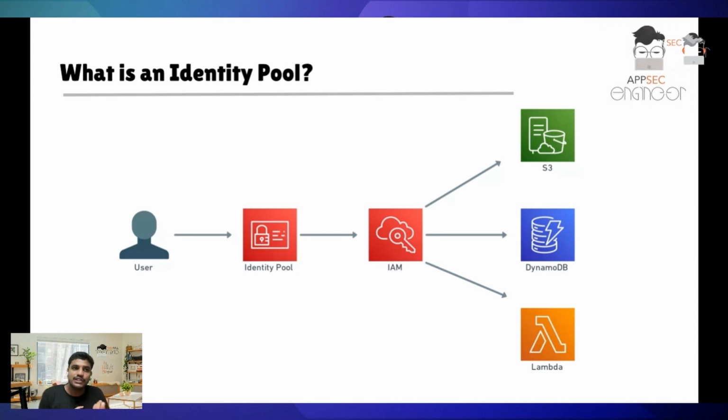As soon as you are authenticated and you try to upload an object, a role is attached to the identity pool. Based on that, they'll check whether you are authorized to perform this operation based on the role that has been attached.